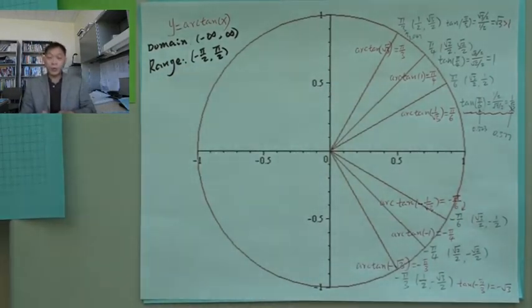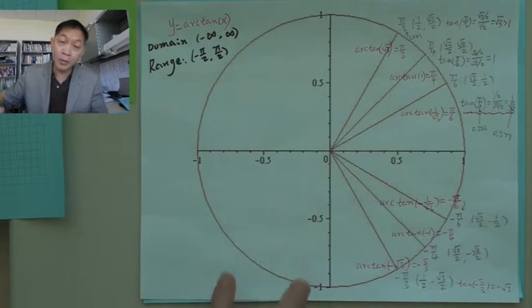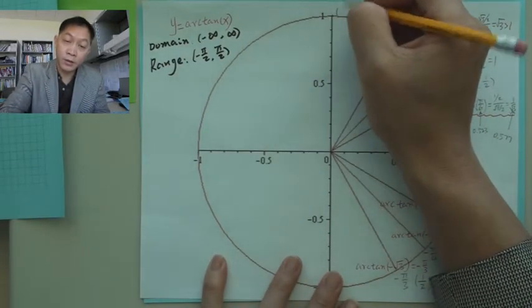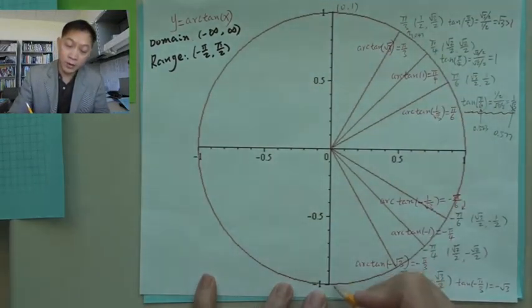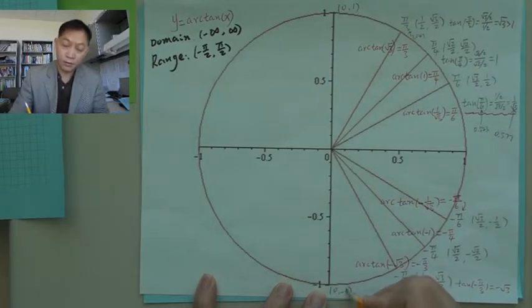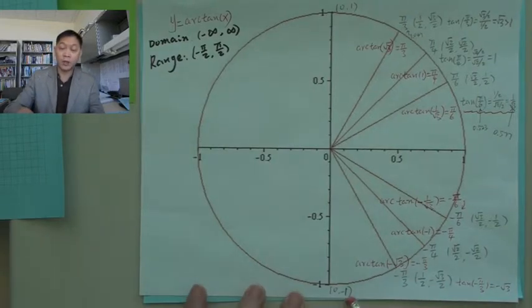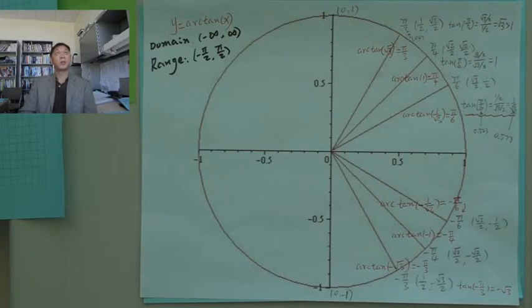Are those two boundary points included? If you remember, this point was (0, 1). This point was (0, negative 1). And tangent was y over x. Negative 1 over 0, 1 over 0 do not make sense.